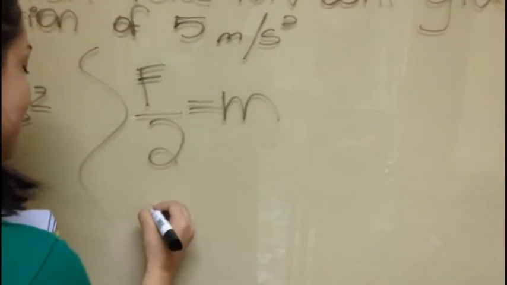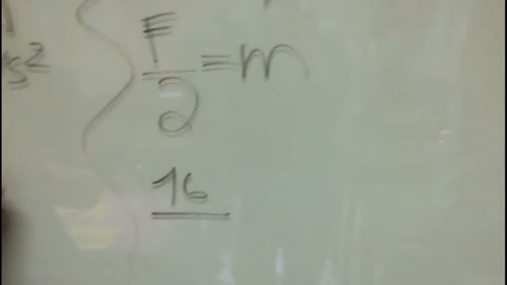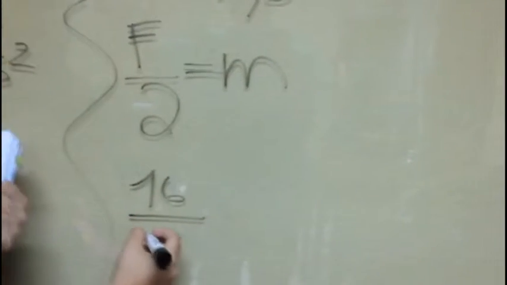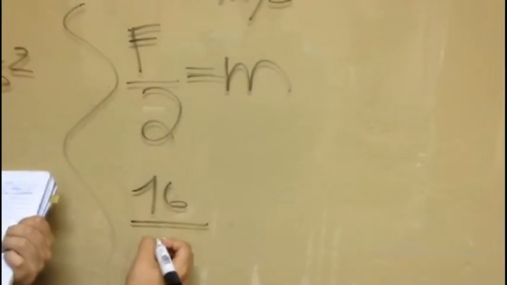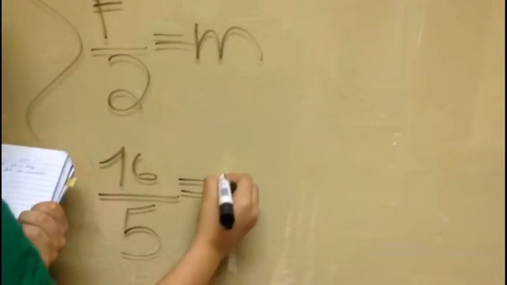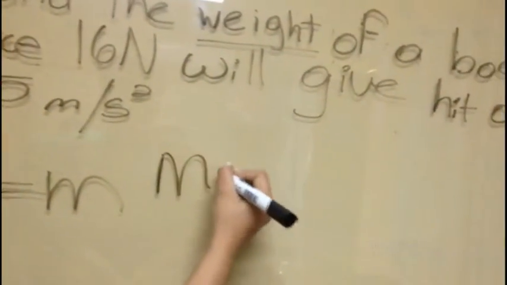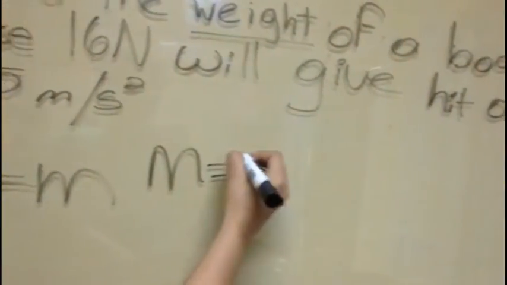So we put 16 over 5 meters per second equal mass. We put this in a calculator, and it will give us mass equal 3.2.